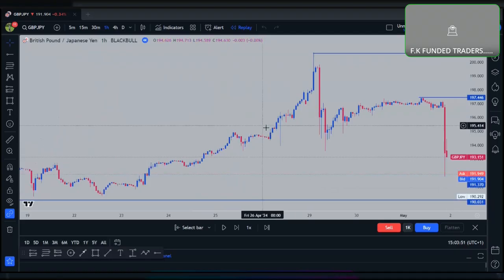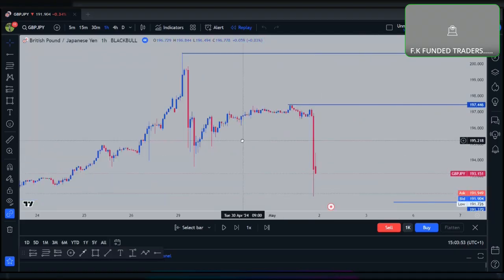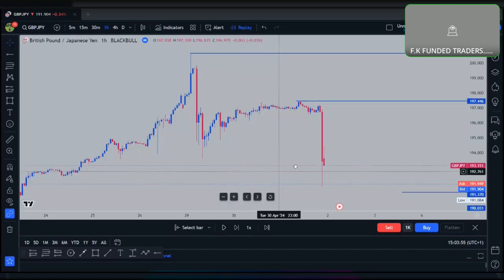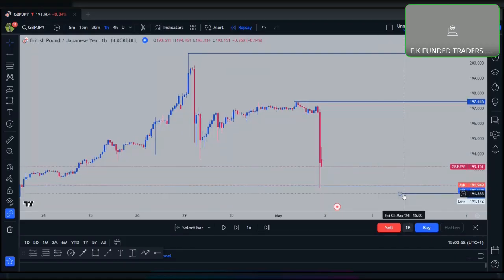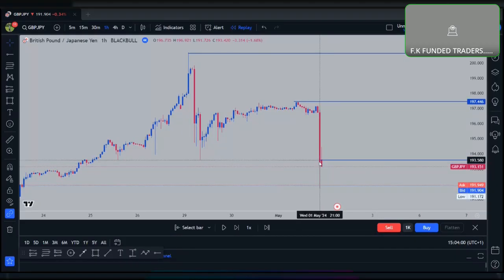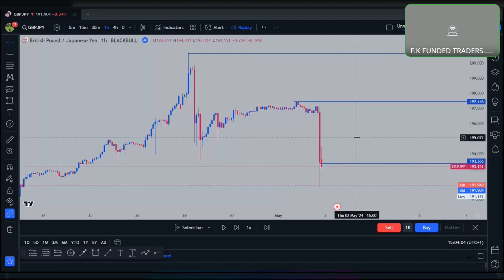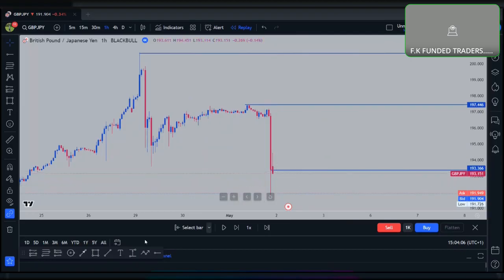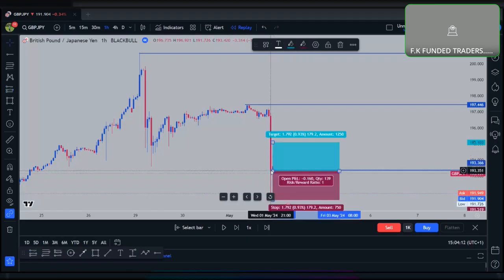So imagine I'm doing analysis, and as I was doing analysis, I marked the body close. The body close was here. I want to show you something. After marking the body close, I will say that I'm going to buy from here. This will be the profit.